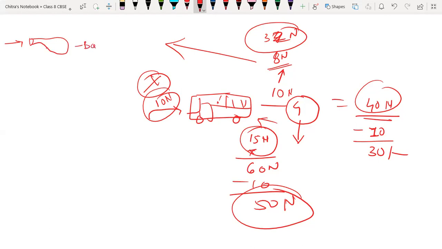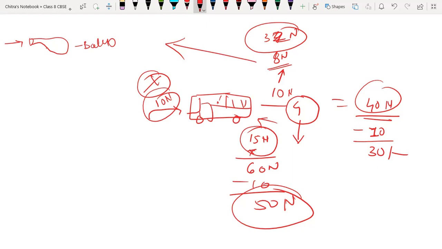It depends. If it is balanced, 10-10, then it is not going to move. And the stronger person will move it. We will discuss that in types of force, beta, balanced and unbalanced force. There we will discuss that.